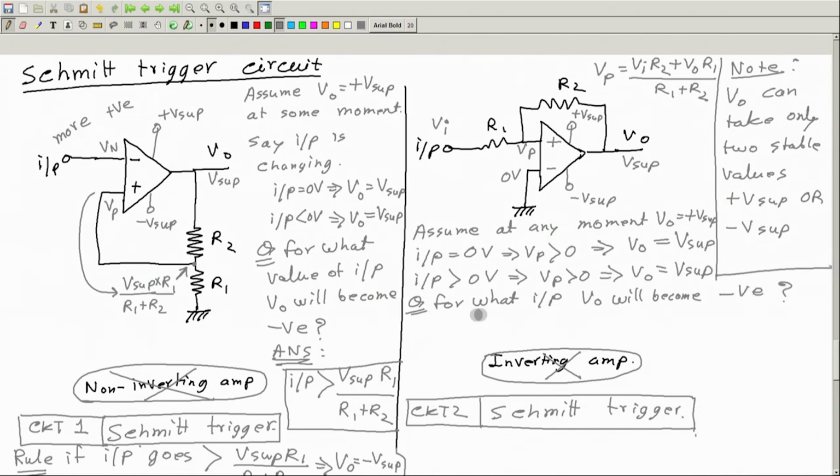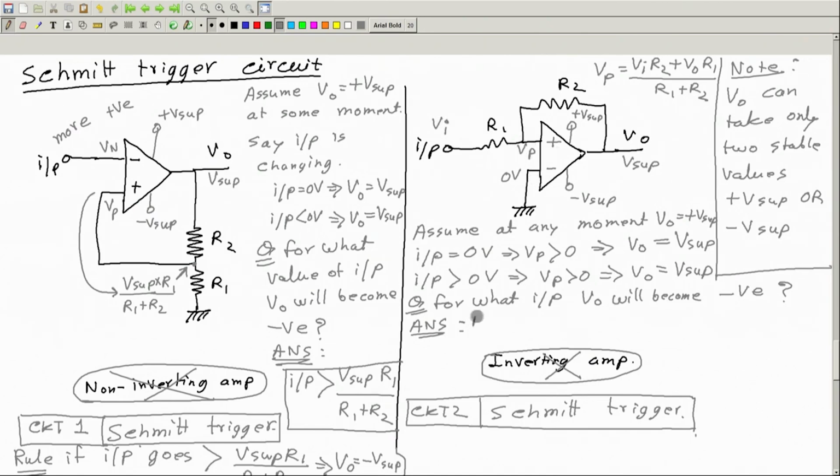So, this is the question, for what input output will become negative. Answer: I have to make it sufficiently negative, so that V P is slightly lower than 0 volt, and then the output will change. So, what is the boundary condition? The boundary condition is that the value of V I should be so that V P is equal to 0 volt.